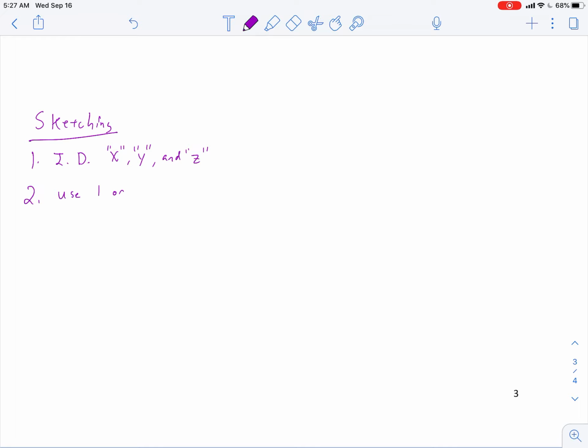After you find the parametric equations, you're going to use one or more components to get a curve or surface. Basically, what that means is you're going to get rid of t.